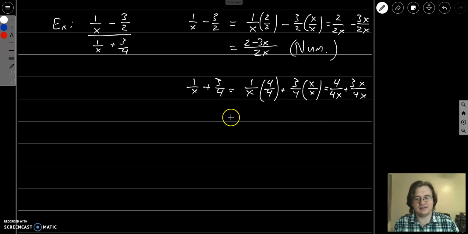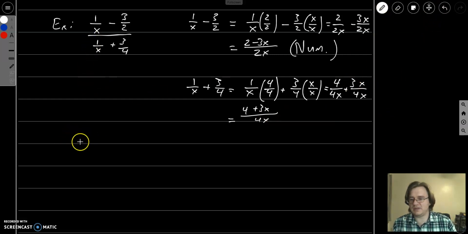Now I can add these together since they have the same common denominator. So 4 plus 3x over 4x. Here's where the fun starts. Let me copy my fraction down again: 1 over x minus 3/2 over 1 over x plus 3/4.